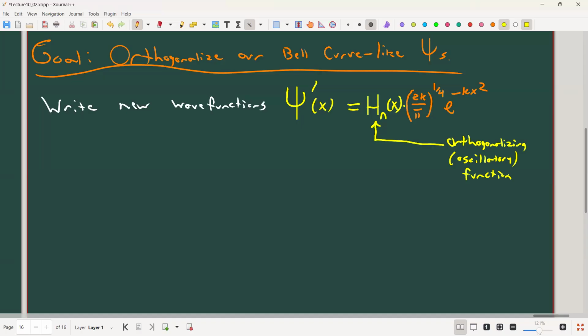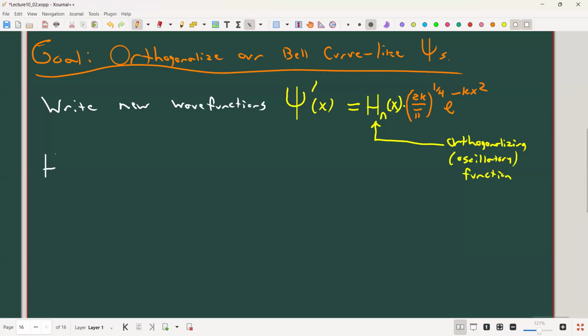People studied differential equations as early as the 1700s. So I think the solution is named after a man named Hermite, who was from the 1800s. It's old math. But these functions, h sub n of x, are called the Hermite polynomials.